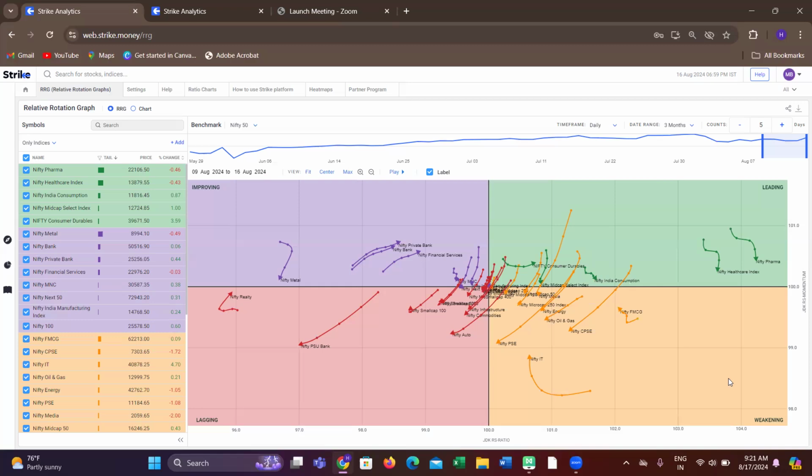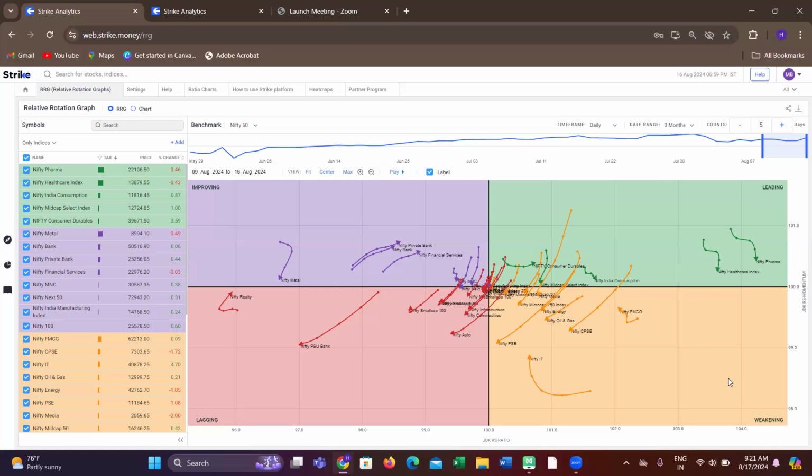Let's say there is a slight difference between leading and weakening. Even if any stock gets into weakening from leading, it doesn't mean that their RS ratio has decreased. The only difference is their momentum has decreased, and that momentum can turn around and go back to the leading.